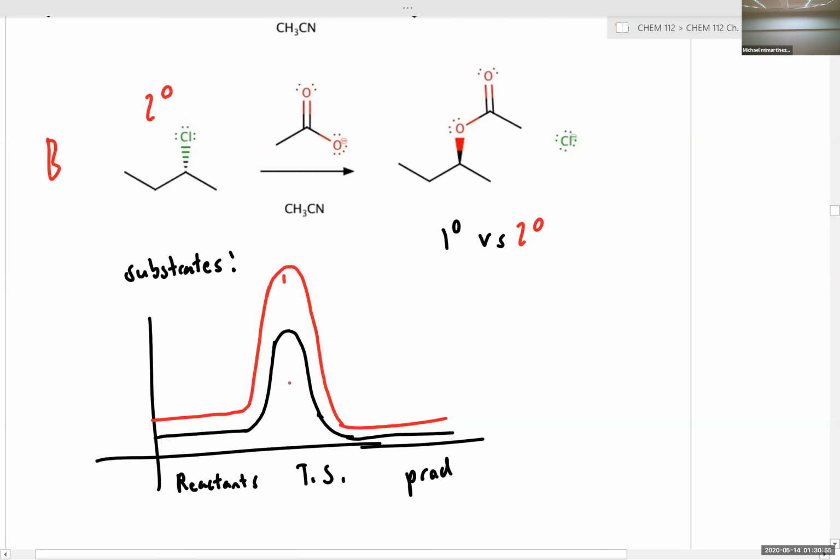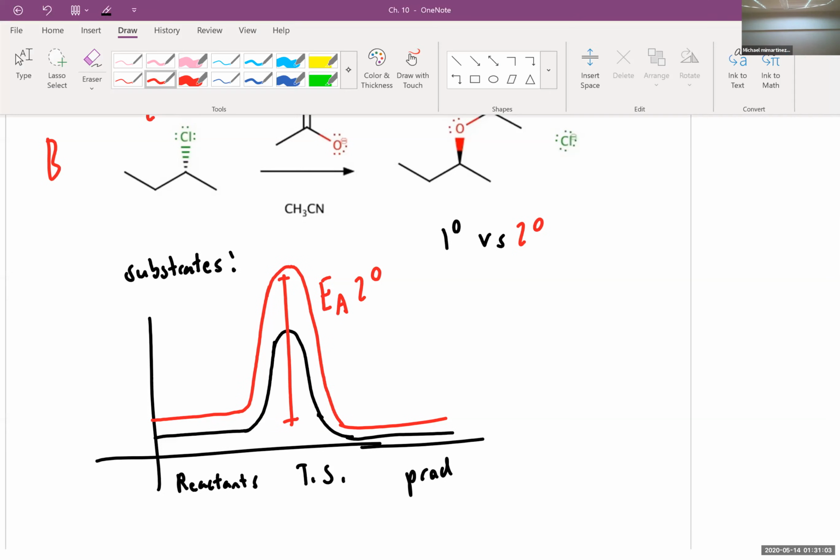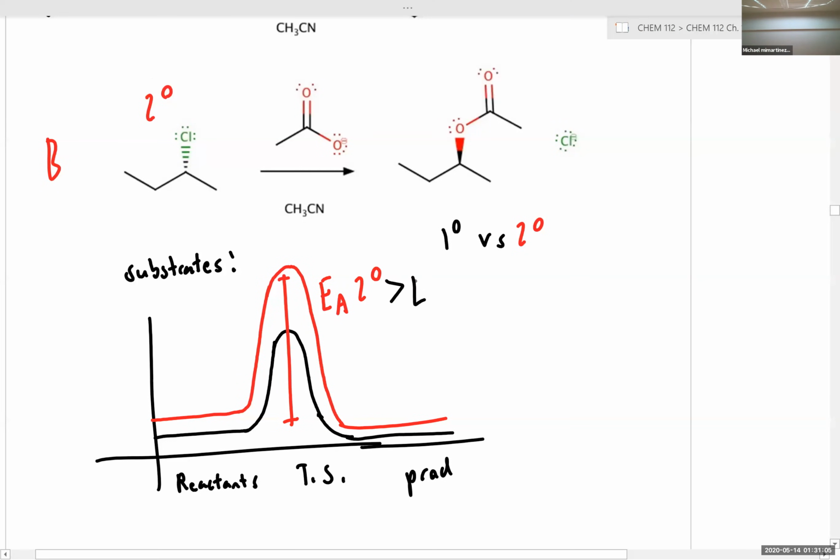So if we compare our activation energy, the activation energy for a secondary substrate is substantially greater than the activation energy for a primary substrate. Does that make sense? There's a small difference in reactant and product energy, but the main thing I want you to focus on is the activation energy.